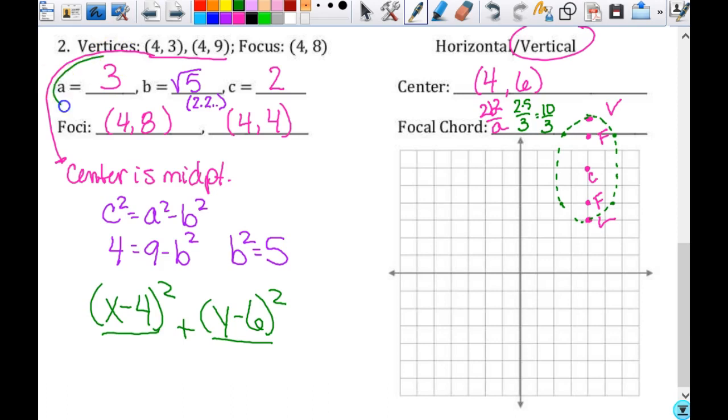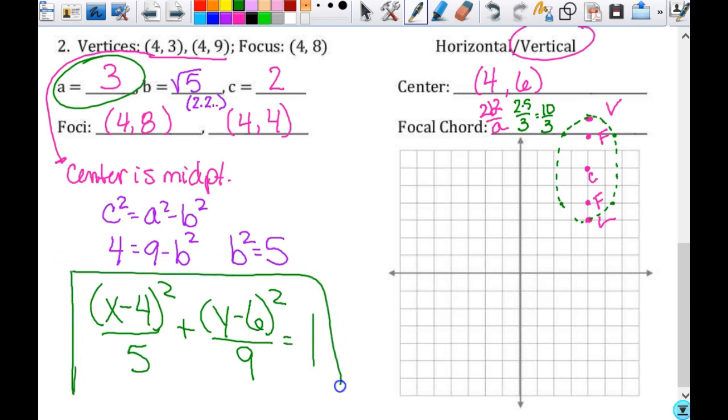Y. So make sure you don't put 3. It's A squared, which is 9. This would be B squared, which is 5. And that's equal to 1. Okay. Well, there's another one that doesn't match. Everybody good with all that?